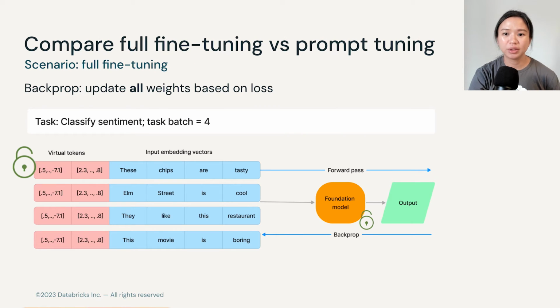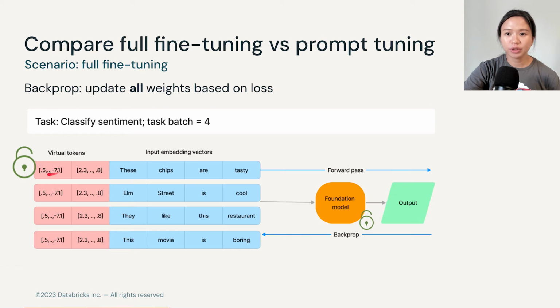Let's now first take a look at what prompt tuning involves by comparing it with the full fine-tuning scenario. We're sticking to the sentiment classification scenario. Now, instead of having just one input, we're having multiple inputs, which is why we're defining the task batch to be 4, because we have 4 sentiments to classify in total.